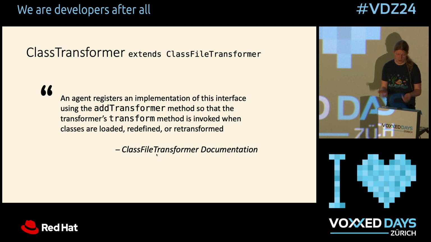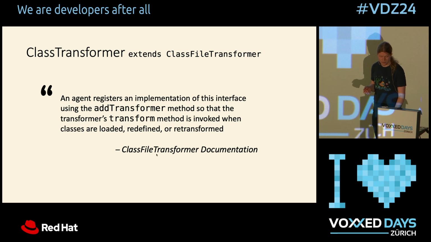When we look into the documentation, essentially the idea with these class transformers is that an agent registers an implementation of this interface using the addTransformer method, so that the transformer's transform method is invoked when a class is loaded, redefined, or retransformed.